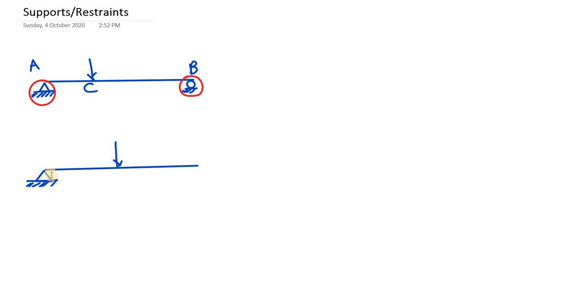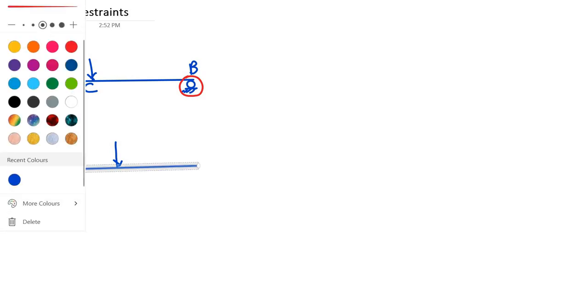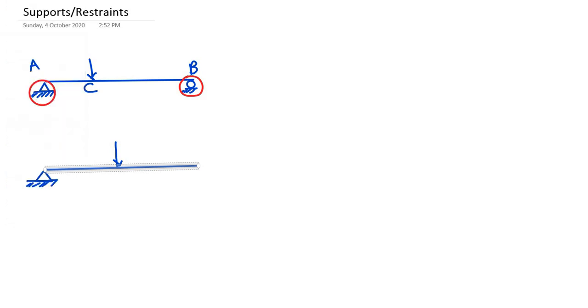So when we say it is preventing any vertical translation of this end, it means it is capable of producing a vertical reaction at this end if required. If the loading demands, if this load is, for example, downward, this reaction will be upward, and vice versa.